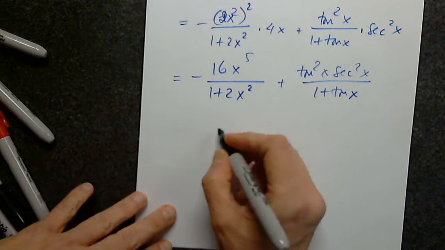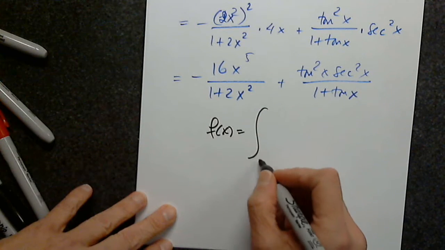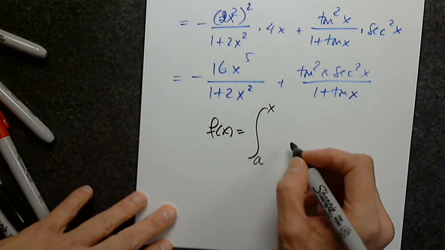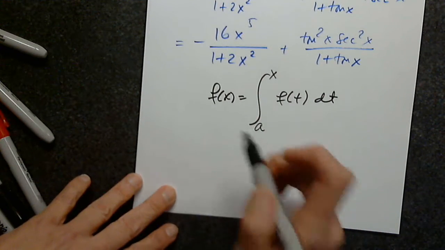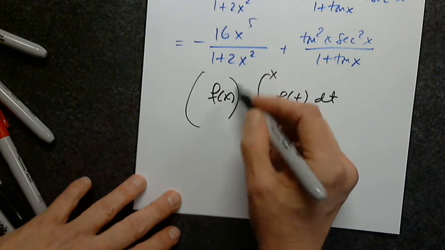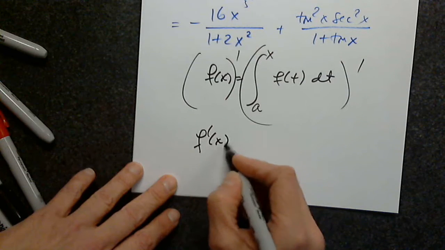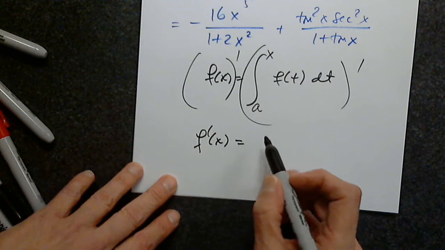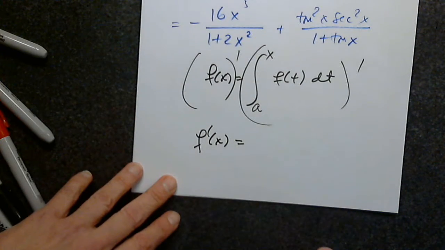If you remember, we are given a function like the integral from a to x of f of t dt. And this is fundamental theorem of calculus part 1. When I differentiate this side and I differentiate this side, this is f prime of x, right? So I should not have used the same notation.